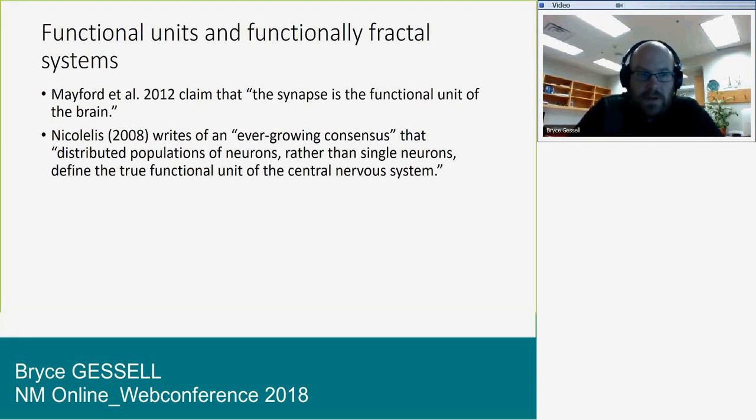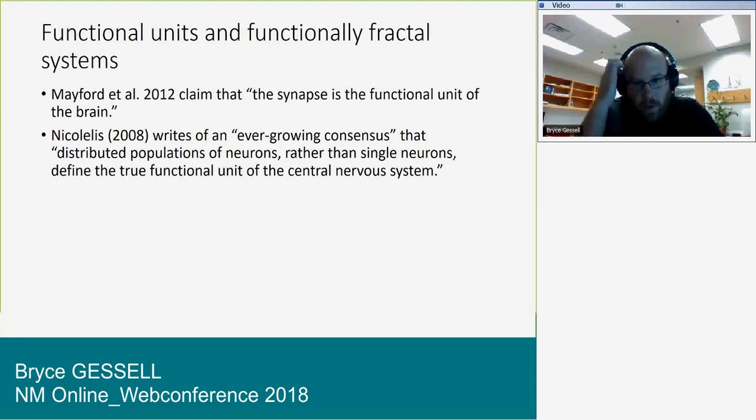So not the synapse, but populations of neurons. And I think population coding, specifically population activity, is what's being referred to here. And there's also a great paper by Rosa Cao, who some of you may know, on this topic of a functional unit. And I apologize to Rosa, who I know is not here, but I feel I should apologize anyway for not including her work in this slide.